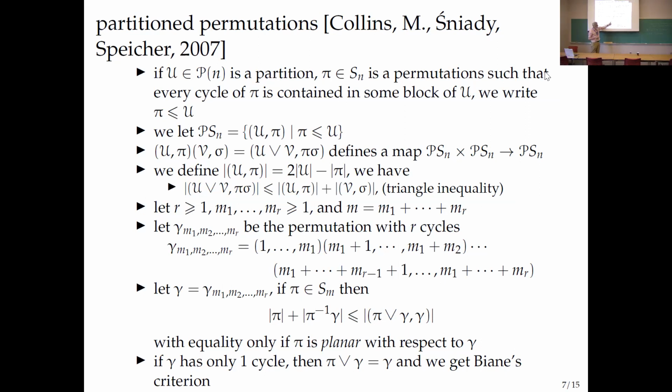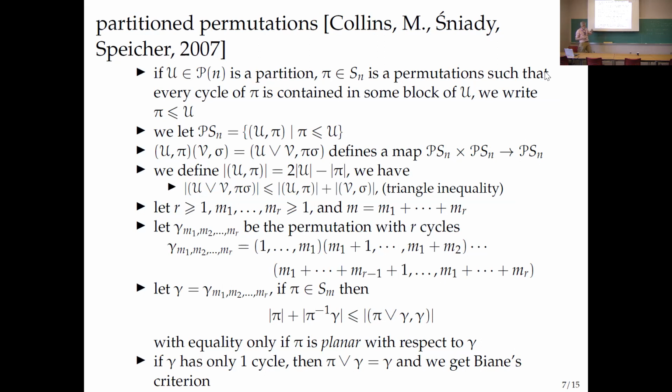If pi is in S_m, then you have this inequality, with equality if and only if pi is planar with respect to gamma. Let me try and explain what that is. Notice that if gamma has only one cycle, then this is already just one block. So when you join anything with something with one block, you just get one block, which is gamma again.